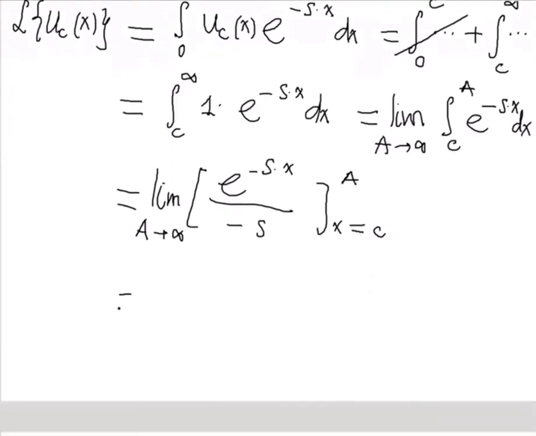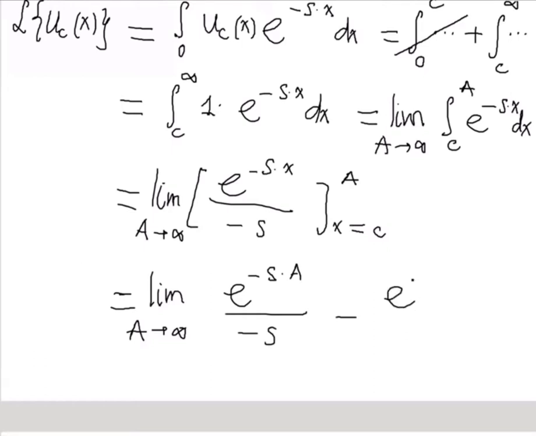Plugging in values, the limit as a goes to infinity of e to the minus s times a over minus s, minus e to the minus s times c over minus s.